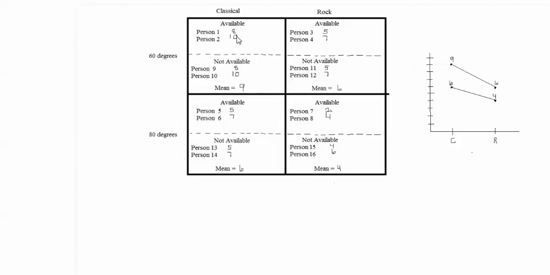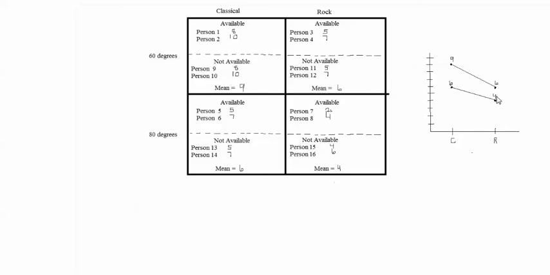When you add 8 plus 10 plus 8 plus 10 and divide the total by 4, you get 9. When you add 5 plus 7 plus 5 plus 7 and divide the total by 4, you get 6. The same thing down here. This number is the average of all 4 numbers, and this number right here is the average of all 4 numbers. So each cell mean is an average of 4 numbers, not just 2 numbers.